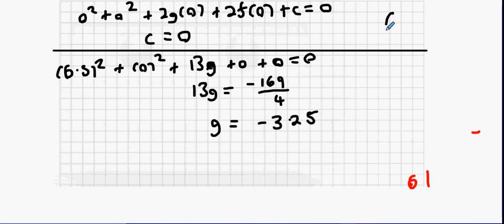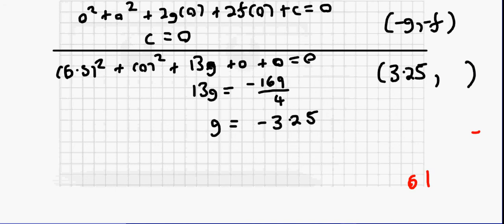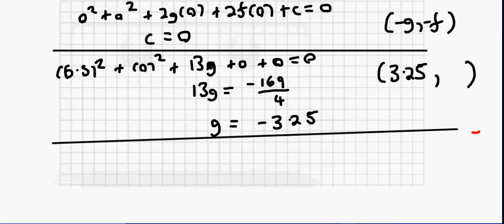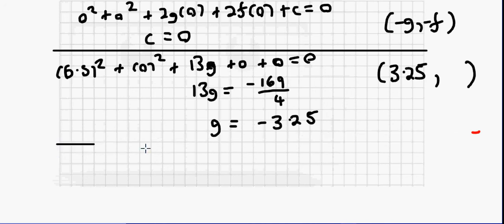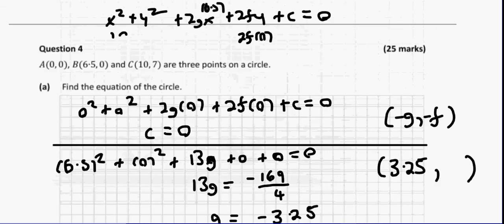So we know the center of the circle when you're using the GF method. You can see that this is clearly the easier method this time around. And now all we've got to do is our last equation, which is inserting the point 10, 7 into it. We didn't even have to do a triple simultaneous equation.